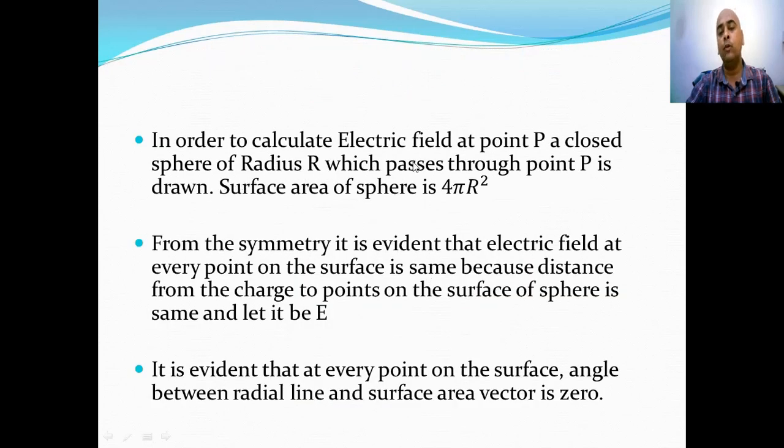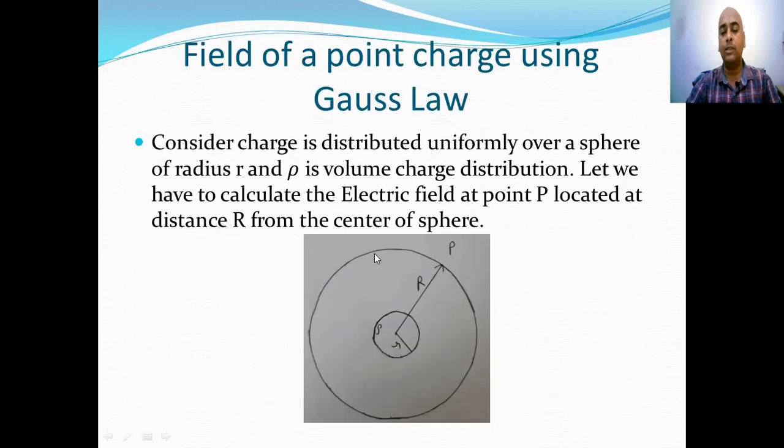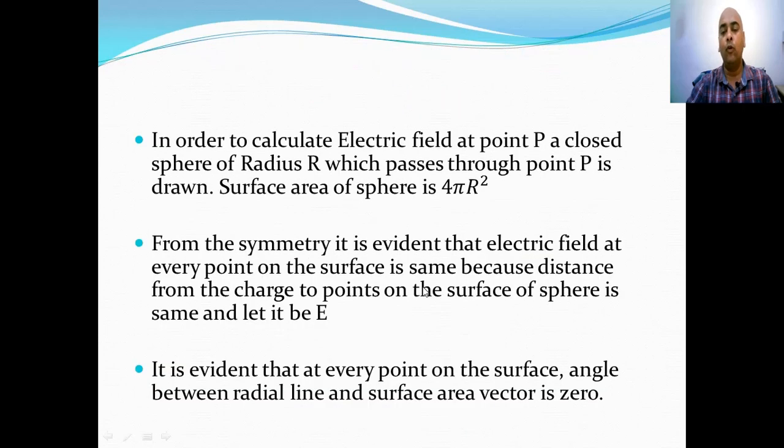So in order to calculate the electrical field at point P, a closed sphere of radius capital R which passes through point P is drawn. Now the total surface area of the sphere is 4 pi R square. So the electrical field crosses through this area.